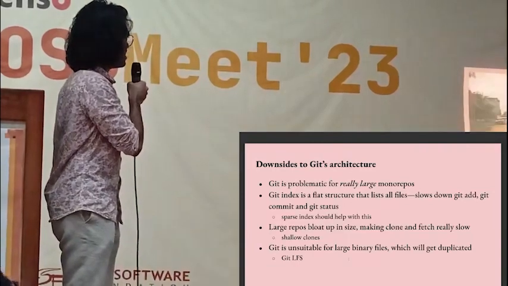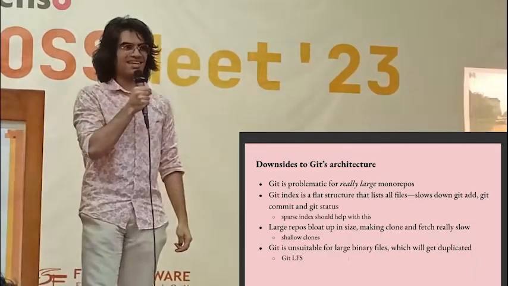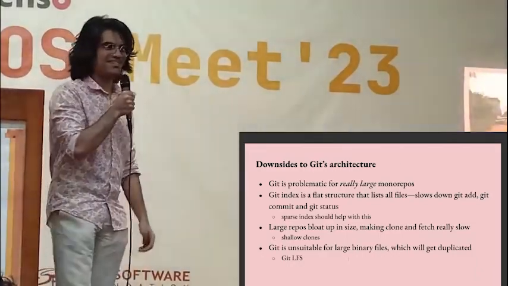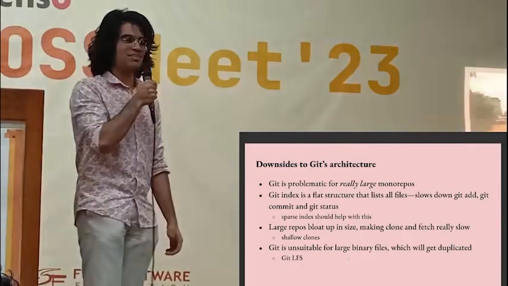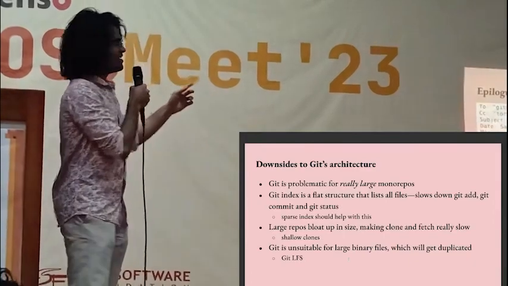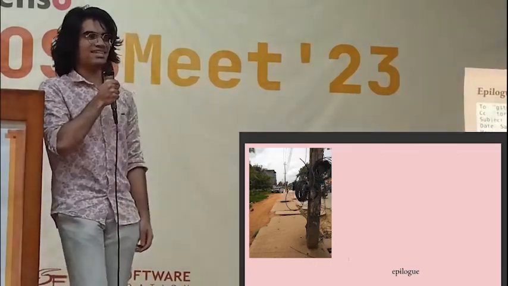Alright, and a bit of an epilogue. So that's all the technical stuff out of the way. And I did say the talk was about something a bit more than just Git. Okay, let's move on. So the epilogue here is, beauty comes to those who seek it.